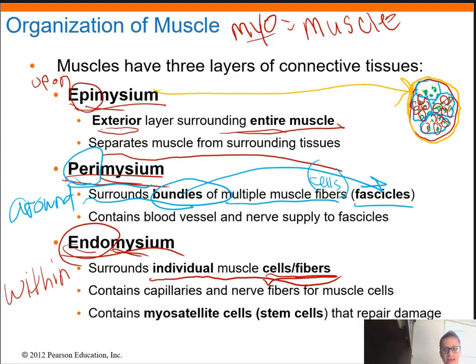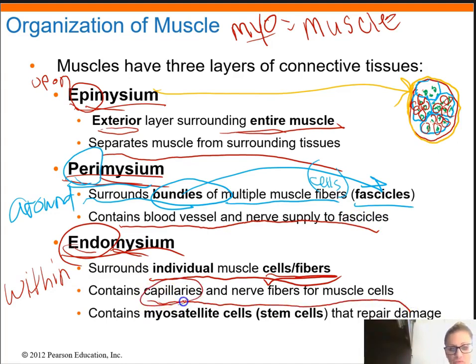So it provides kind of like a roadway for the nerves and the blood vessels to get deep within the muscle to make sure that they get to every single muscle fiber. So the perimysium brings blood vessels and nerves to the bundles, and then the endomysium brings blood vessels and nerves to each individual muscle cell.